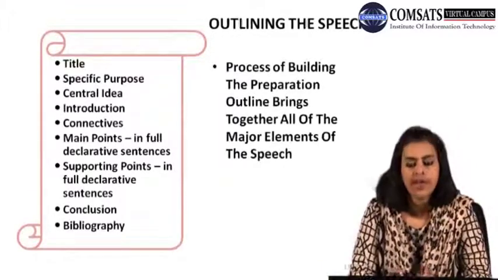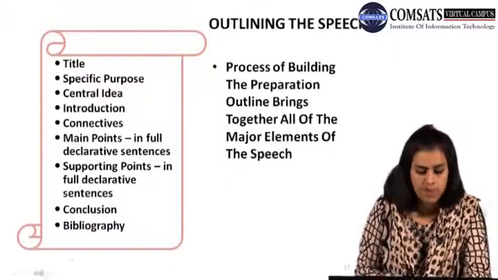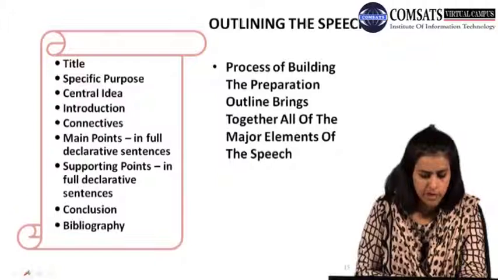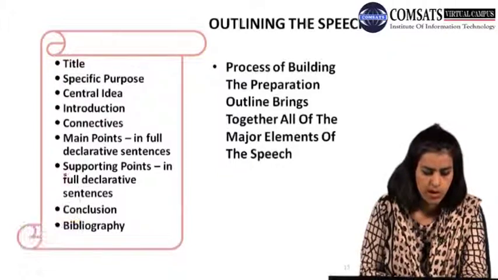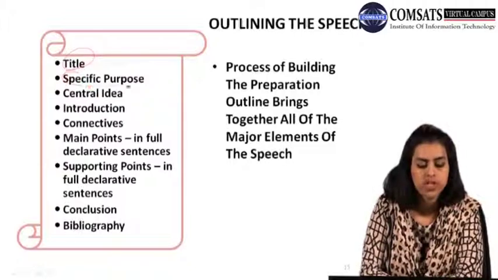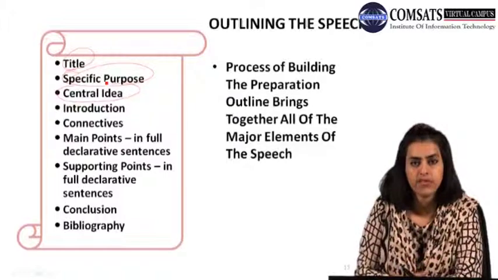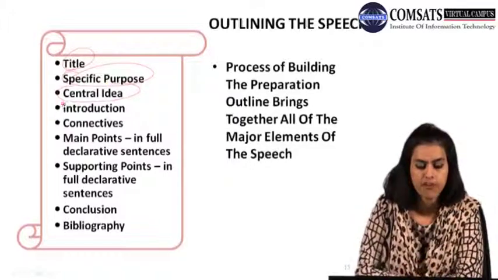First of all, for outlining the speech, the process of building the preparation outline brings together all of the major elements of the speech. To do so, you are supposed to write down the title first, then the specific purpose and the central idea, the way we had been discussing earlier. Now we would see each of these written down on a piece of paper.